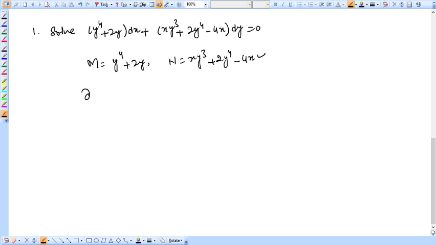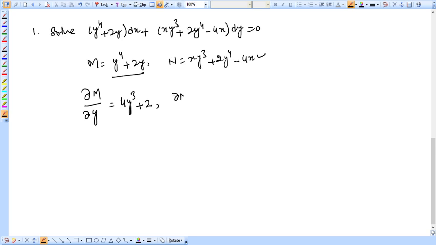In order to find out whether or not this is exact, we need to find the derivatives. ∂M/∂y is equal to, so see, this is your M, differentiate this with respect to y, we will be getting 4y^3 + 2.